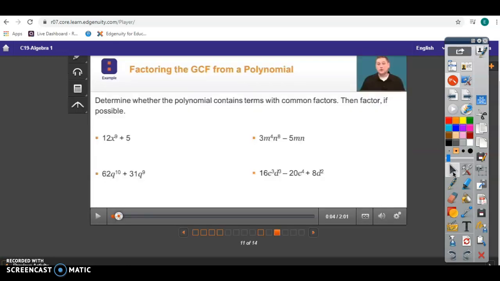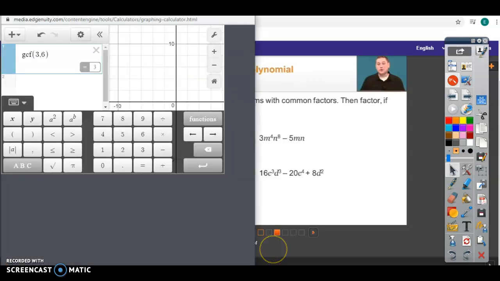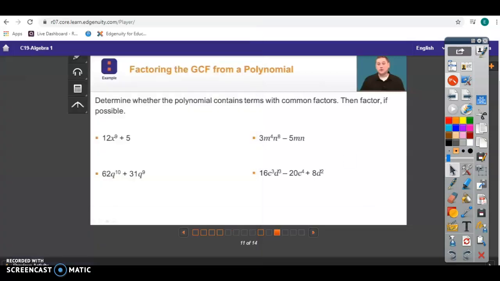So he's going to do more examples of things that don't have a greatest common factor other than 1, right? So like 3 and 5. If I put it in here, 3 and 5, the greatest common factor is 1. That means I cannot take out a number, but I can take out letters.